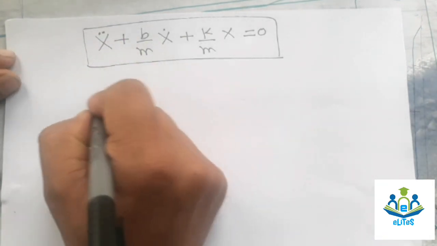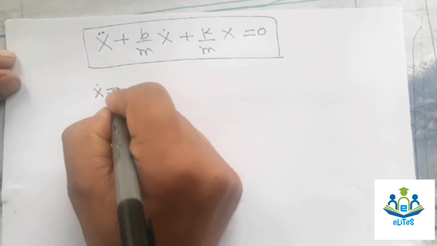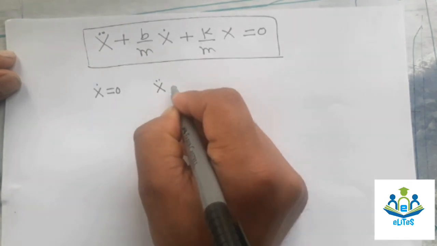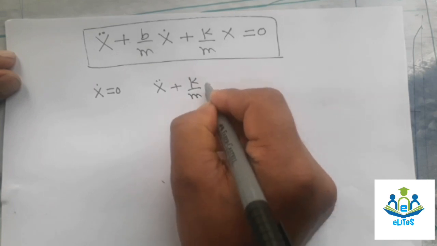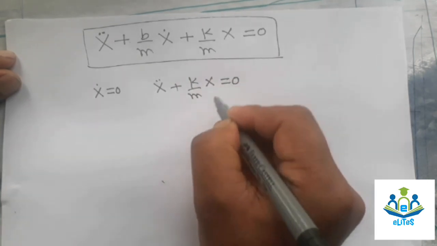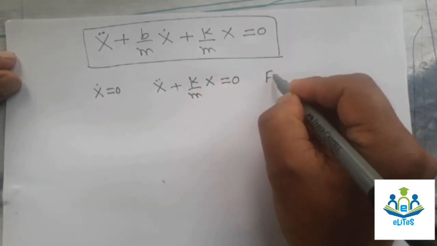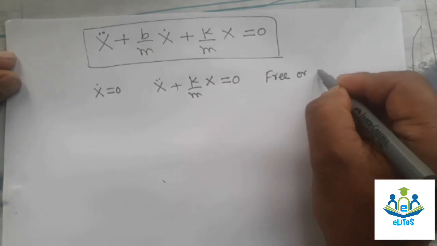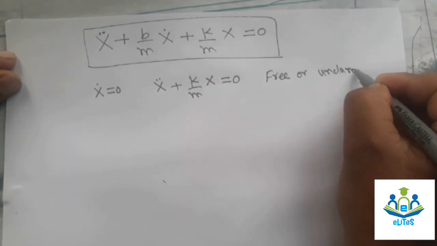Now if b, and hence the x dot term, is 0, then x double dot plus (k/m) x equals 0. This is free or undamped oscillation.